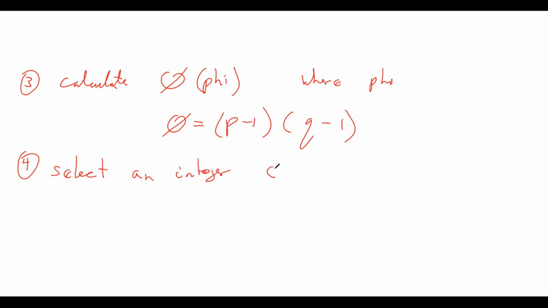Call it E. We're going to select an integer E such that E is greater than 1 but less than phi.